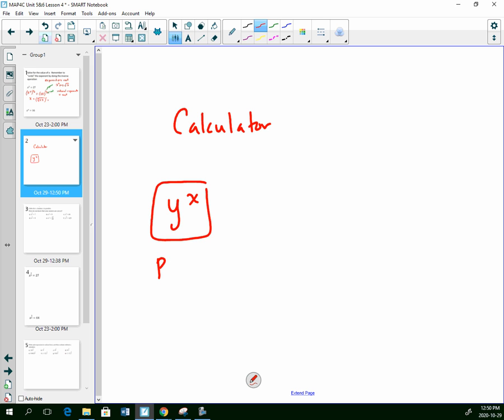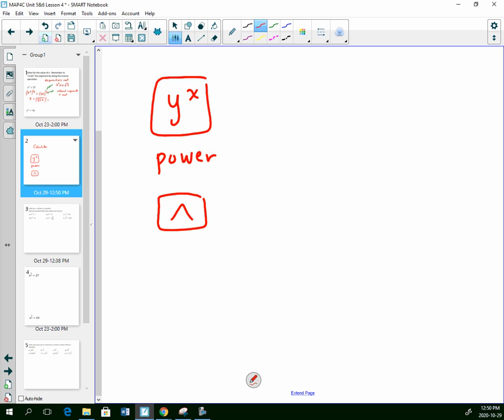This is a power. It could also look like this, which is also a power or an exponent. And you might specifically have a square root button. These two above are both powers.